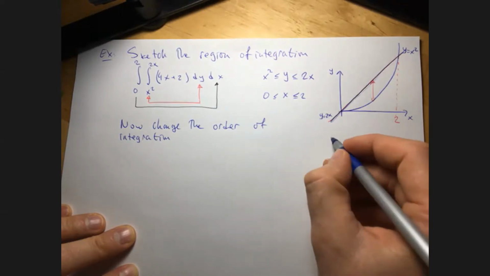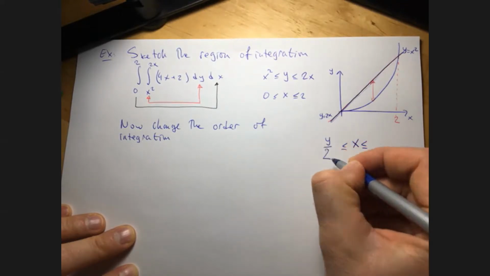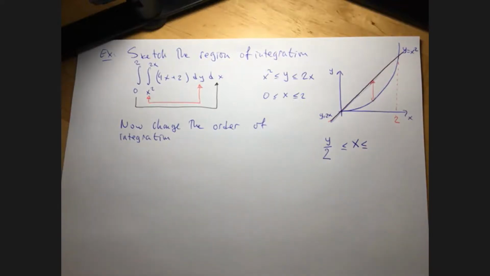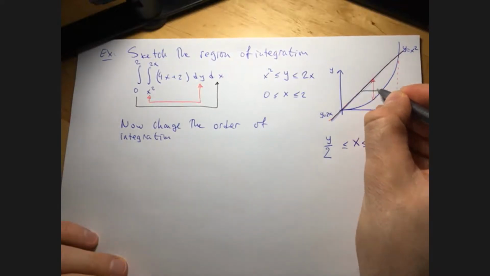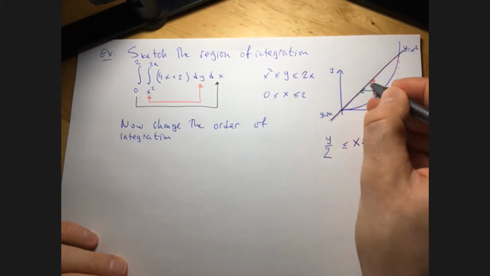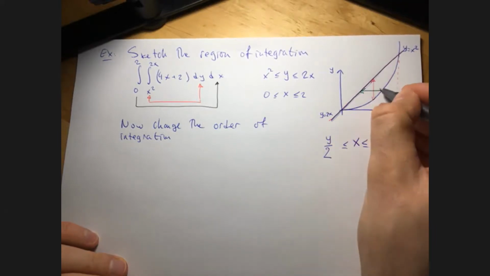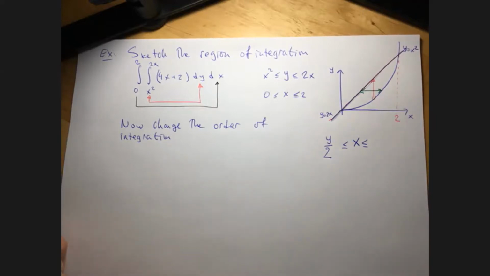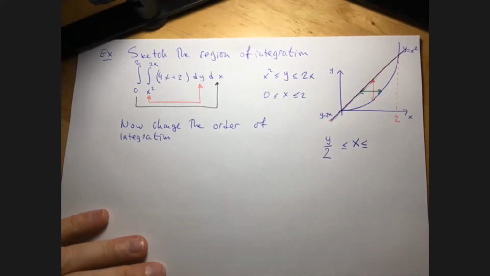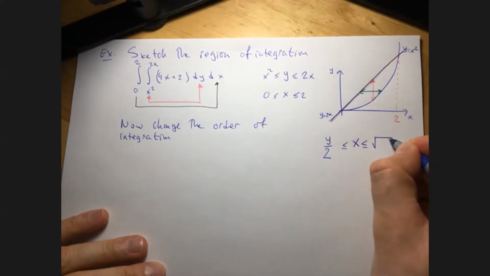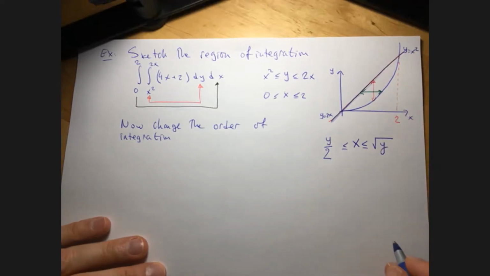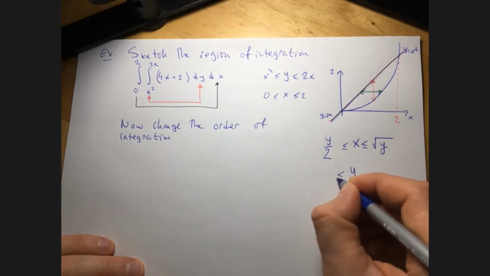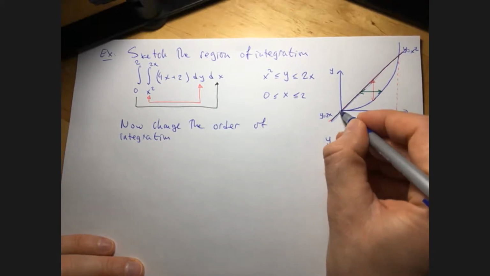In terms of y, that's going to be y over 2, right? And x runs from y over 2, the line, and it's less than the parabola, which expressed in y is just going to be positive square root of y. And in this case, y is greater or equal to 0, right?